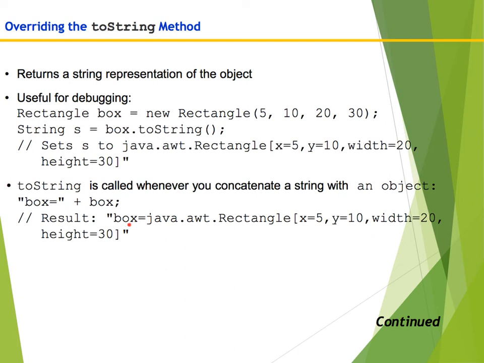So "box =" is the string that we concatenate as the first part, and java.awt.Rectangle with the features of the rectangle is the string that the toString method returns. How does it return this meaningful string? It returns it because we override the toString method of the Object class that Rectangle inherits from its superclass.